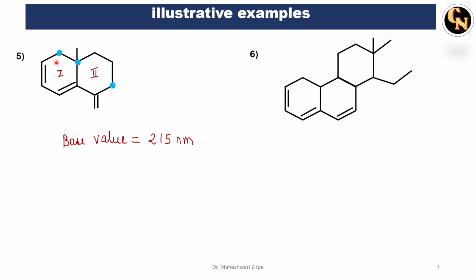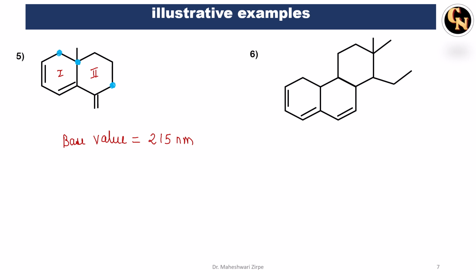This is your homoannular, and for it there is an extended conjugation, because the conjugations there are 1, 2, 3, 4, 5. So there are 3 double bonds which are in conjugation. So we will call this exo as extended conjugation. So we have to give the value of extended conjugation also for this.